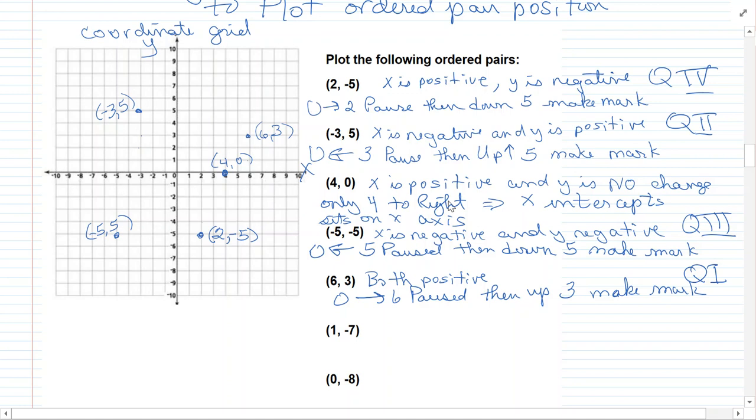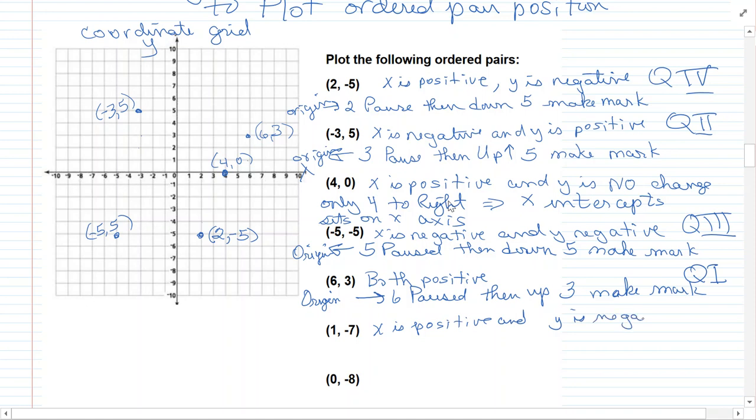Always from the origin we start. Always, always, always. So here is 1 and negative 7. So I'm going to, I better put origin. No issues when you look at the notes. What did she mean, 0? Well, it's the origin, 0, 0. All right, there, I feel better. Okay, so here we have x is positive and y is negative.